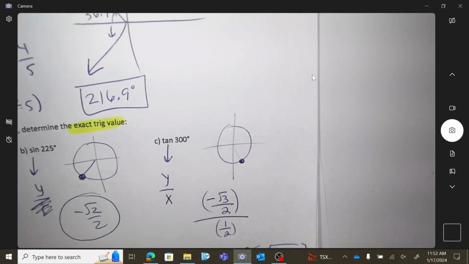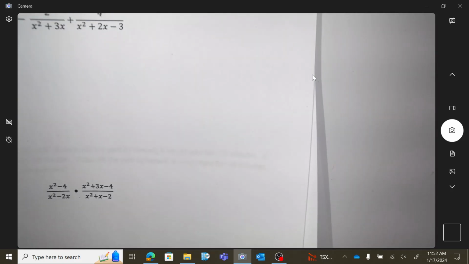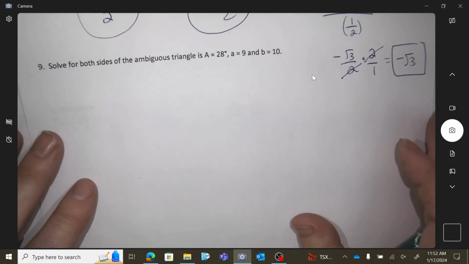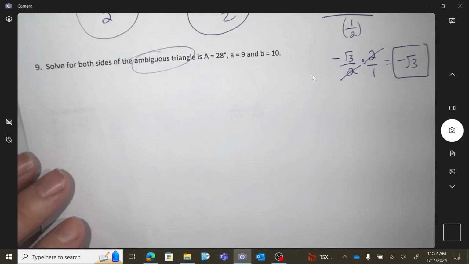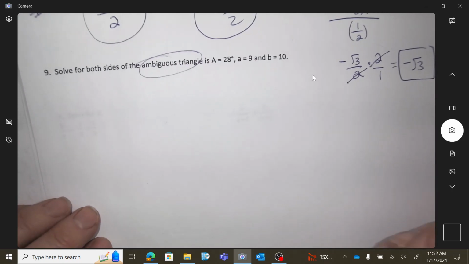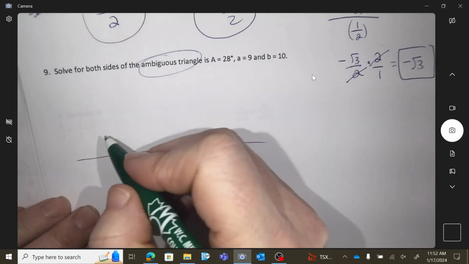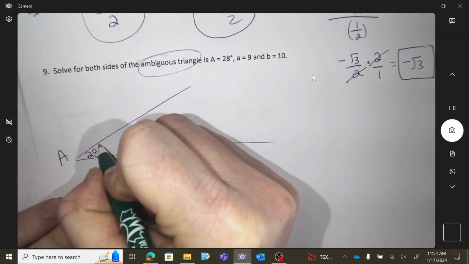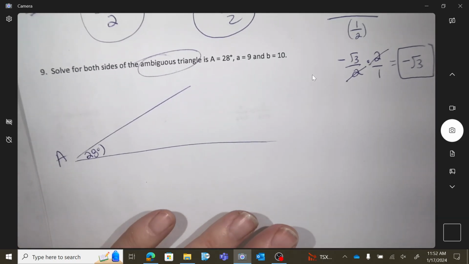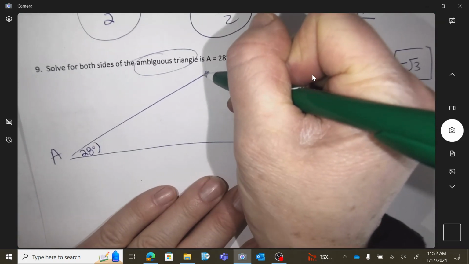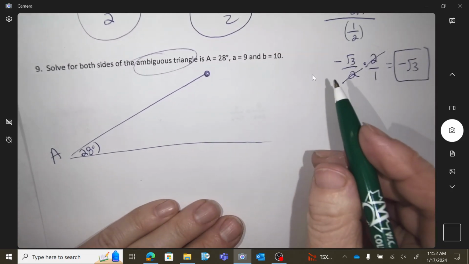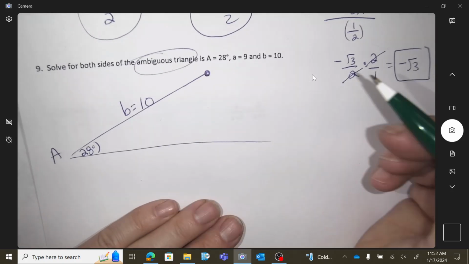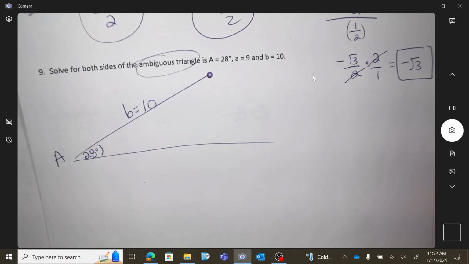Okay, last trig thing I think on our paper. Ambiguous triangle, everybody's favorite. Okay, so I'm going to go unknown side. 28 degrees is A. Side B is adjacent to it, 10.